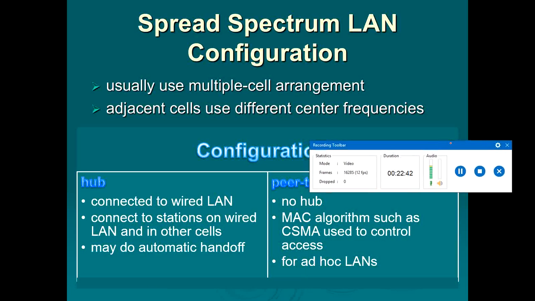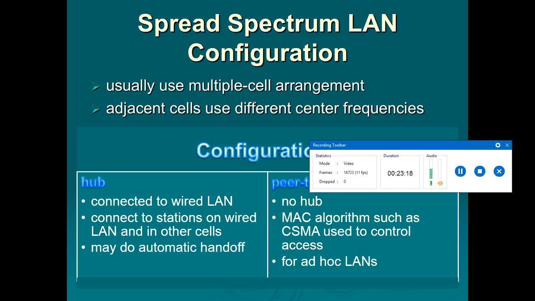Except for quite small offices, wireless LANs make use of a multiple cell arrangement, as we have discussed in the previous slides, and adjacent cells make use of different center frequencies within the same band to avoid interference. Within a given cell, the topology can be either hub or peer-to-peer. So they can operate either as a hub topology or as a peer topology.